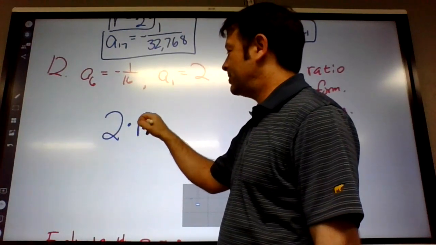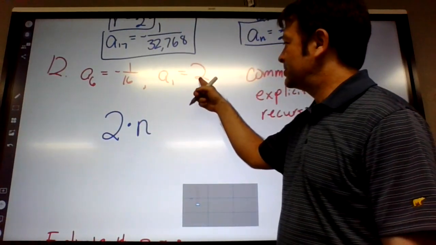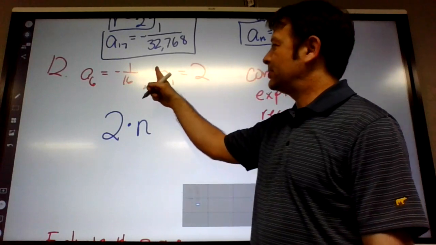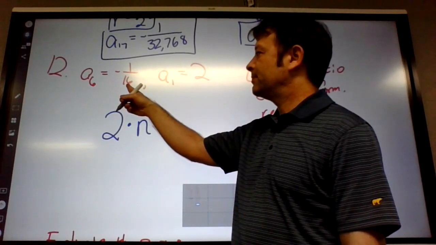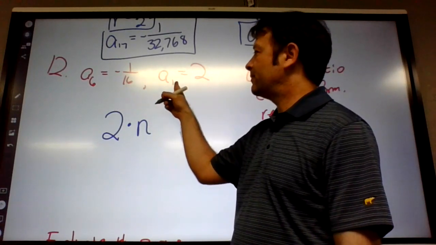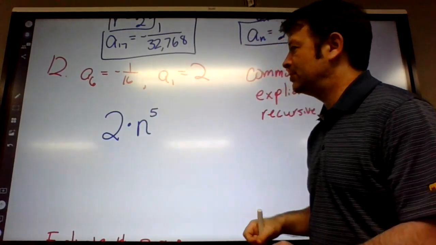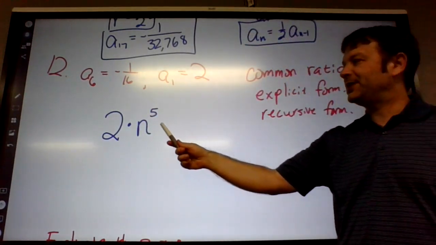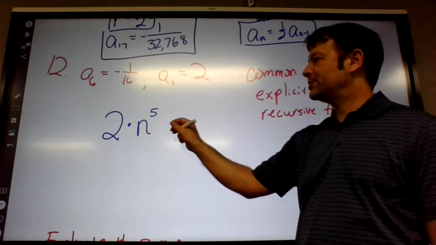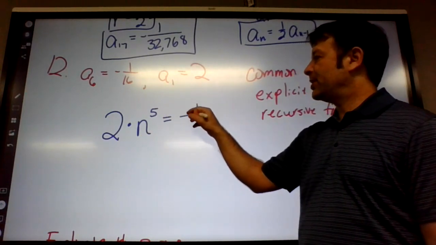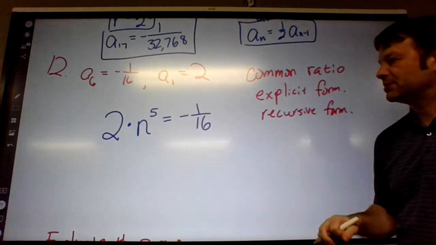How many times is this term being multiplied by something to get to this term? 5. From 1 to 6, it would have to be multiplied 5 times. So 2 is multiplied by something 5 times, and it ends up at -1/16.